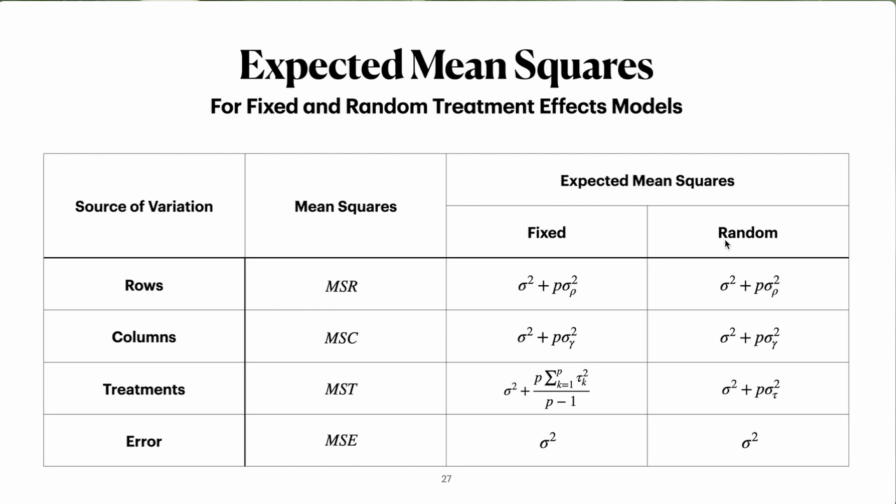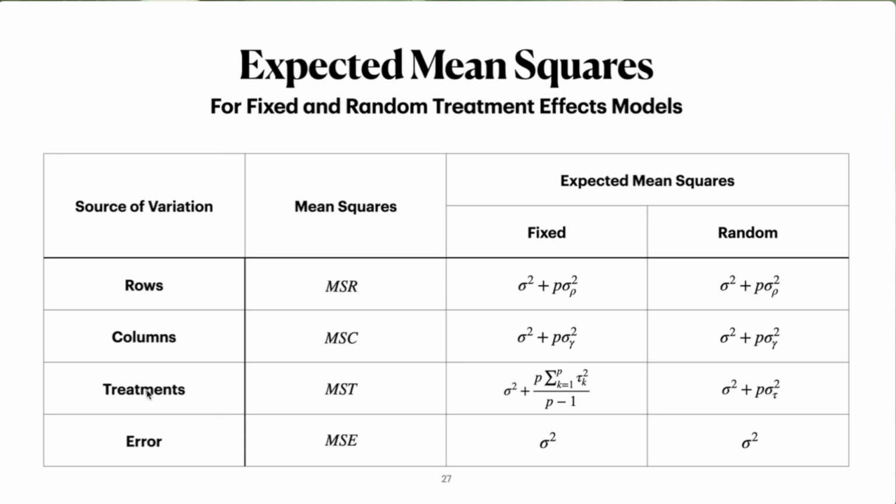Okay, the same kind of rationale applies if the treatment effects are random. The first two rows are going to be the same because in either case, the row blocking factor and the column blocking factor are assumed to be and treated as random effects.